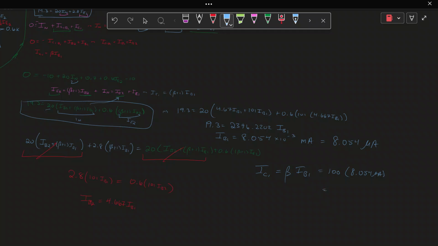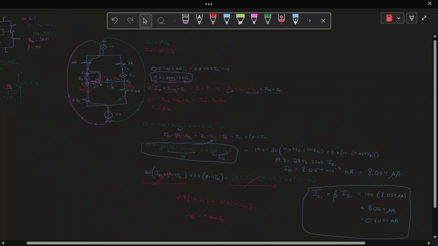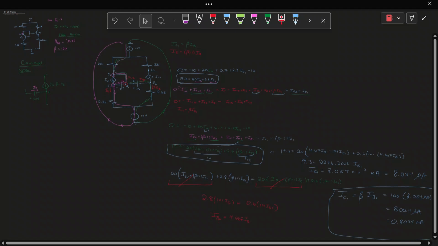So what we get is 8.054 times 100 is 805.4 microamps, or 0.8054 milliamps. And that's how you would solve this problem using the NPN model, using a forward active mode circuit model.